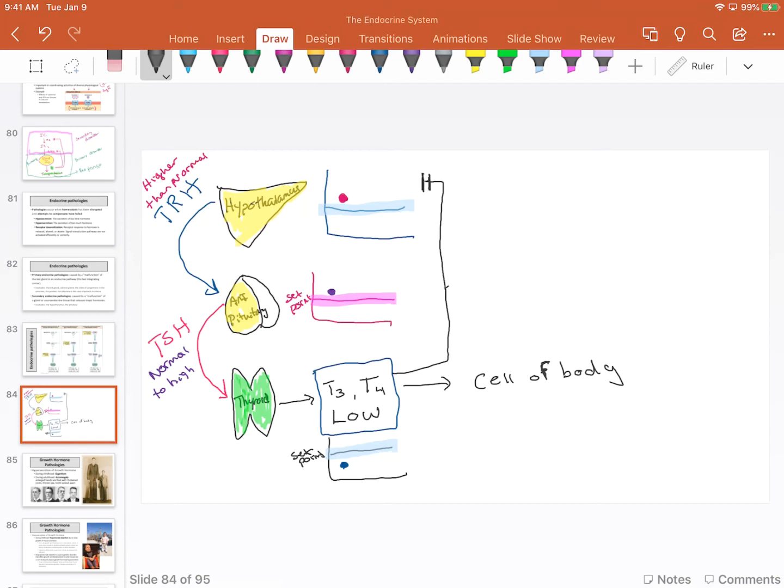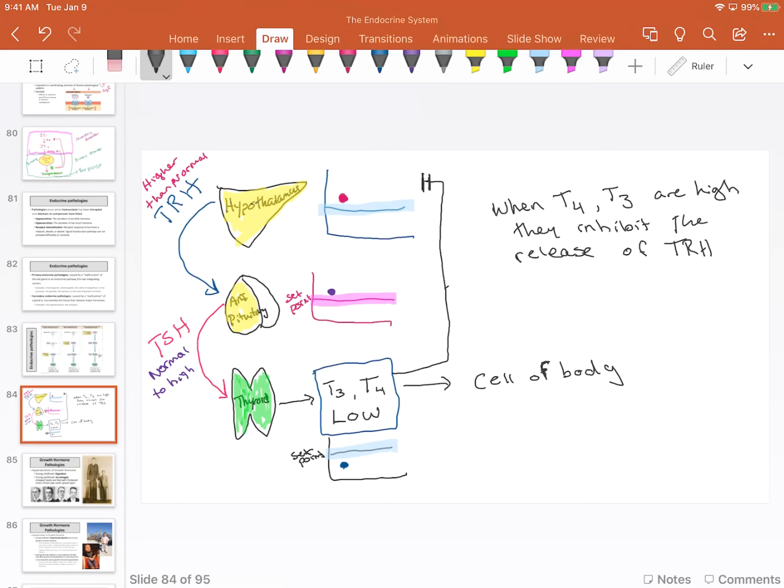And just to help you understand this negative feedback, when T4 and T3 levels are high, they inhibit the release of TRH. Okay, so they're stomping high, a lot. T3 is what puts the brakes on. T4 is what puts the brakes on.